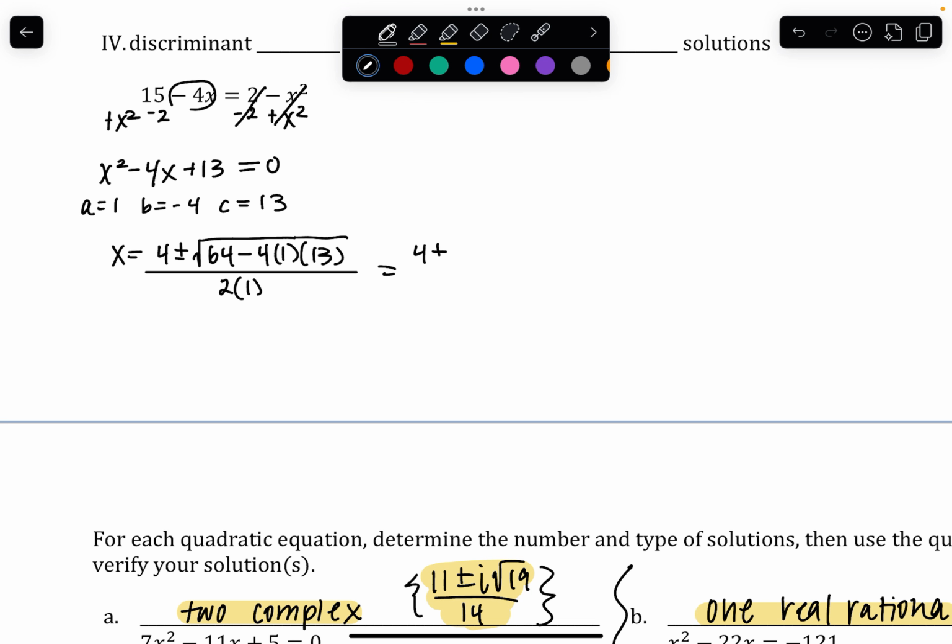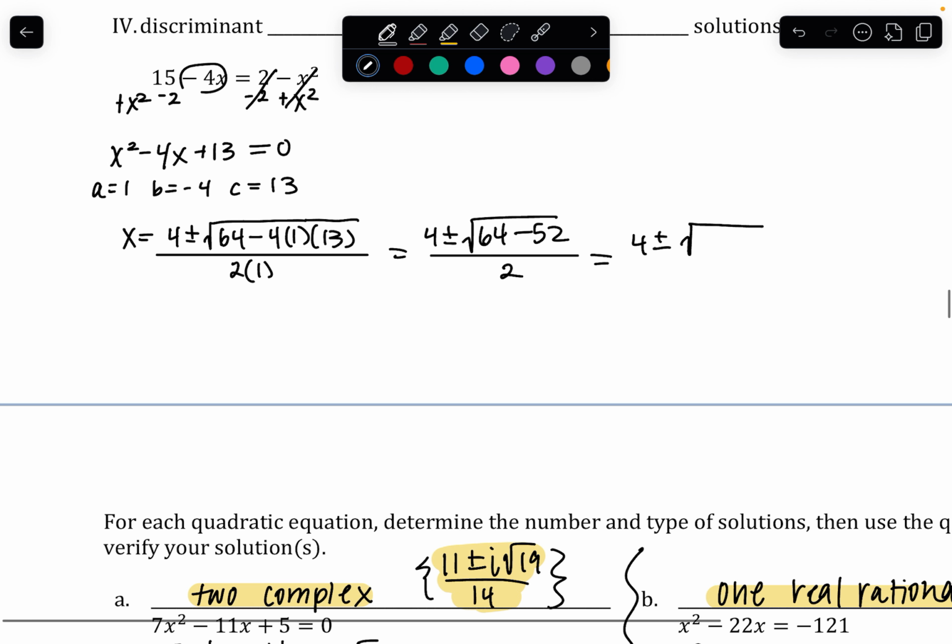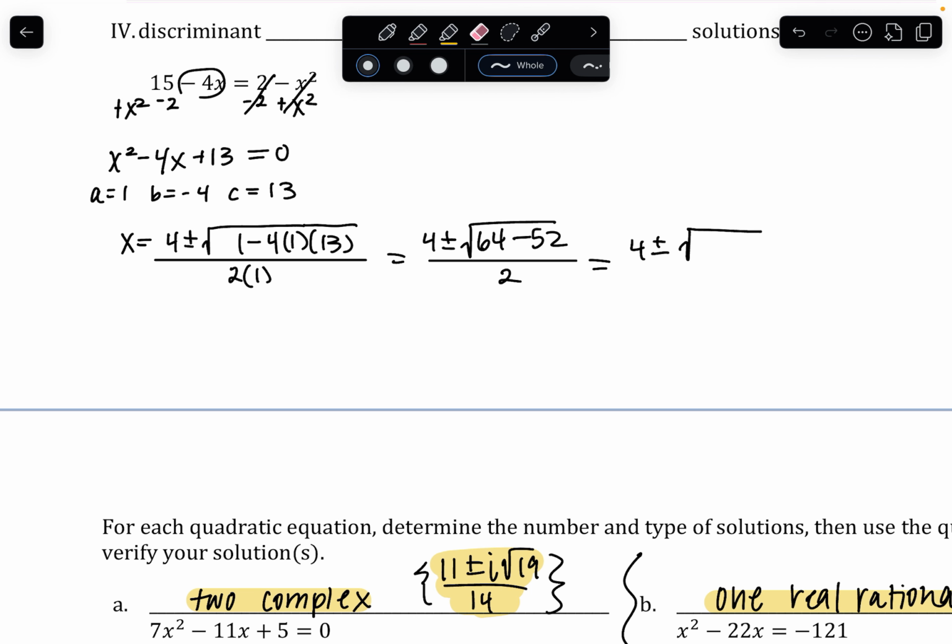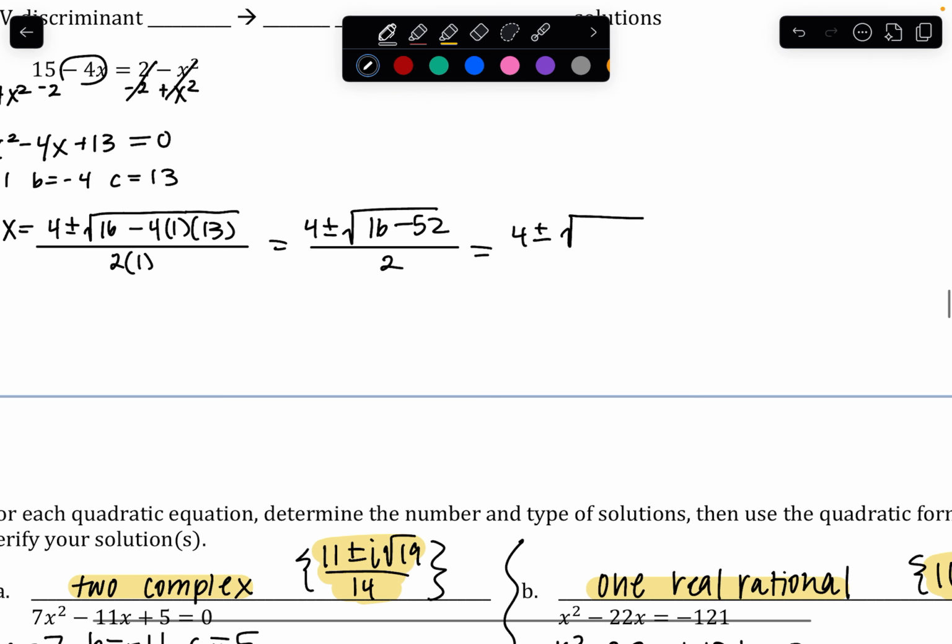So 4 plus or minus 64, and then 4 times the 13 is 52, all over 2. 64 minus 52. Oh, just kidding. 64 is incorrect because b squared is negative 4 squared, which is 16. Okay, and then 16 minus 52 is negative 36.